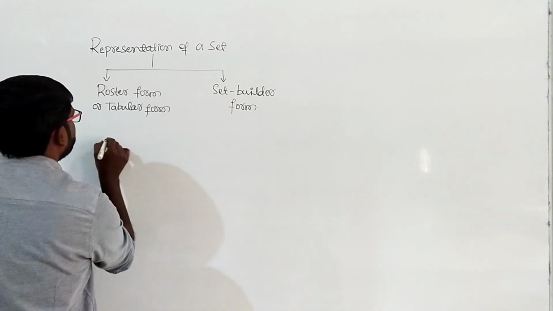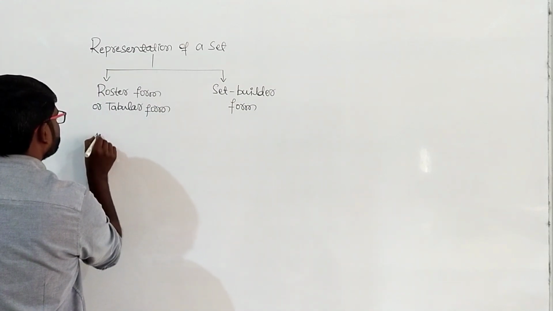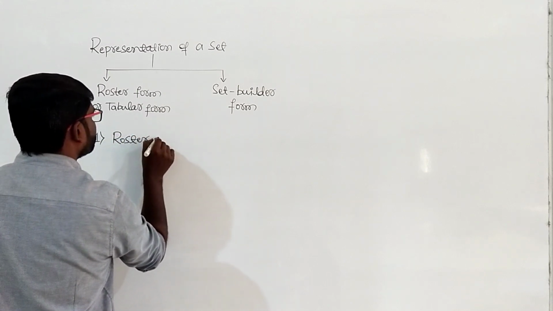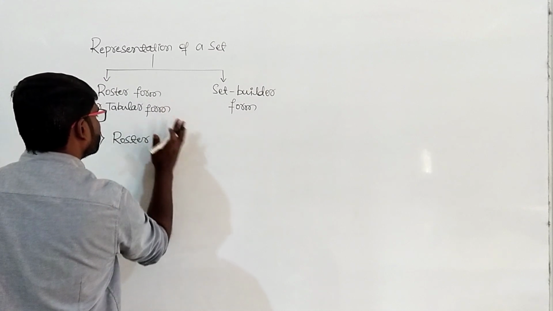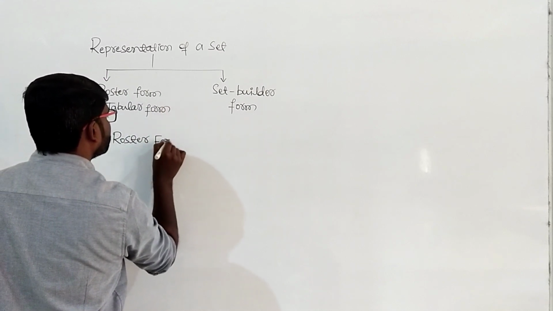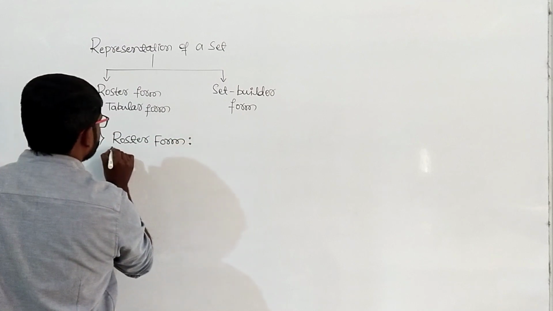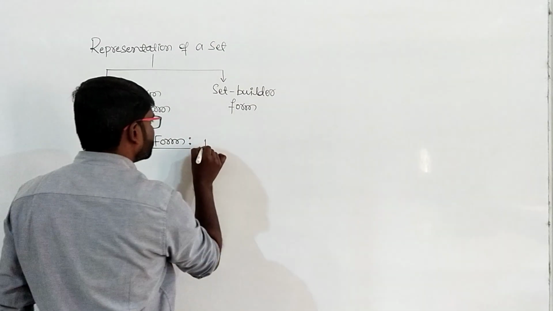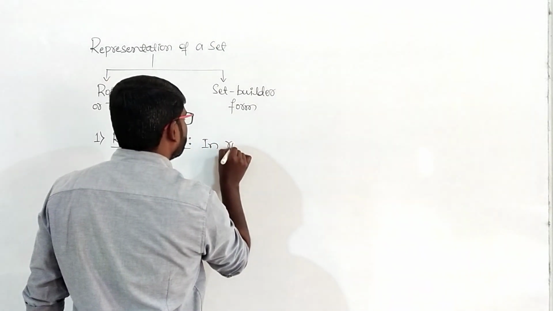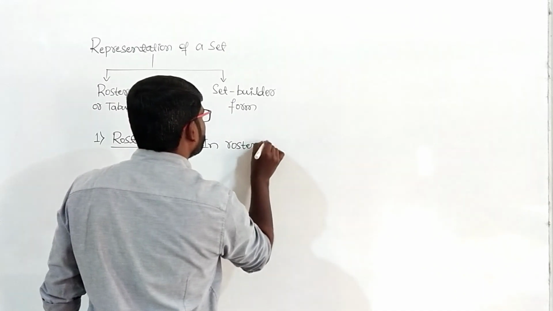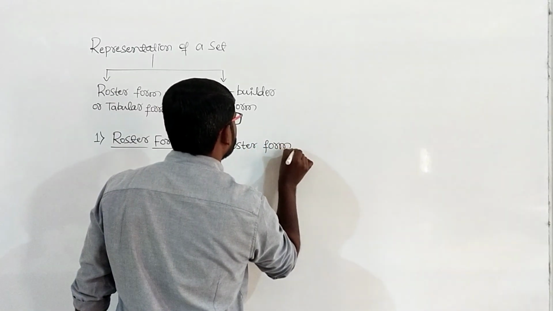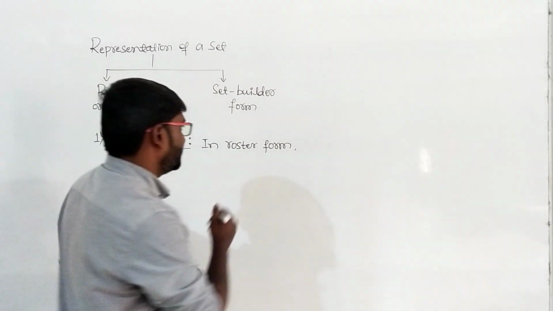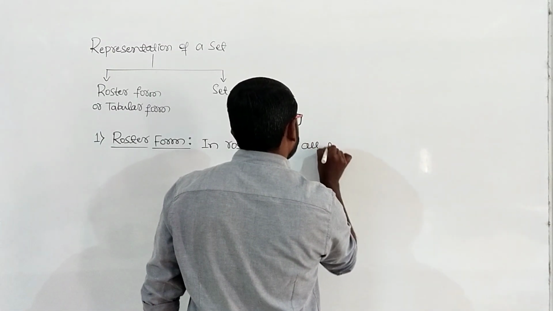So the first one is roster form. Here in roster form, all the elements or all the objects are listed.